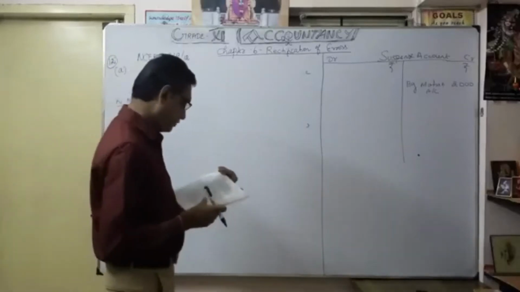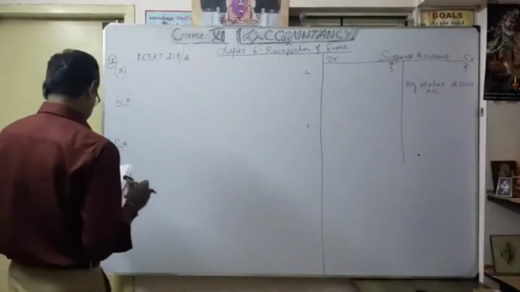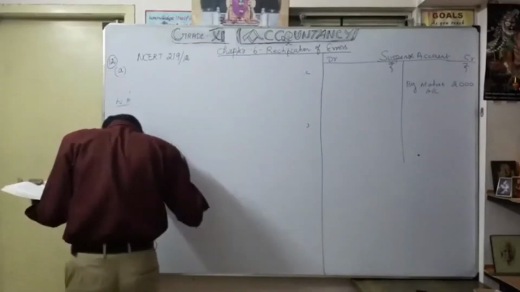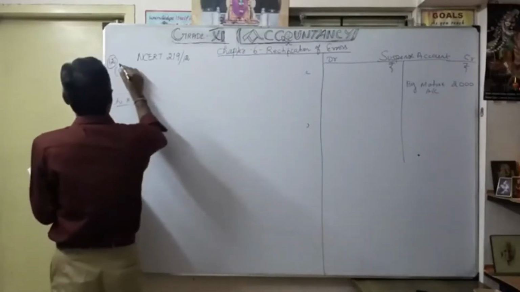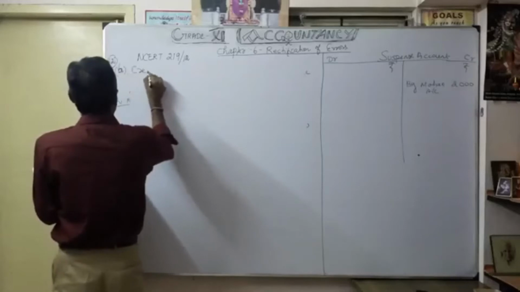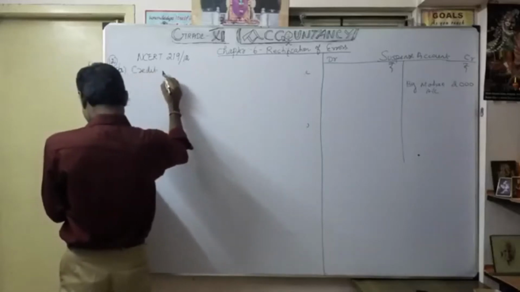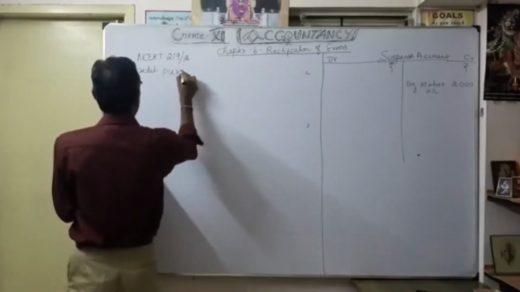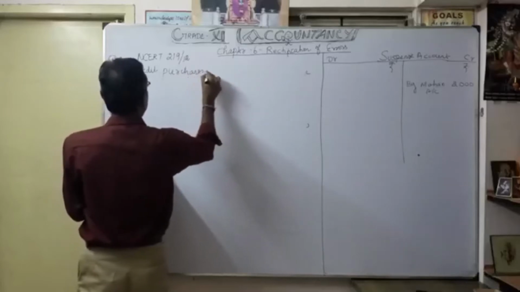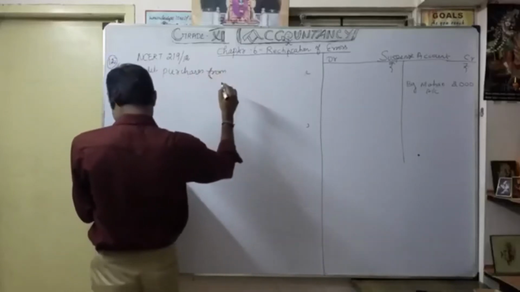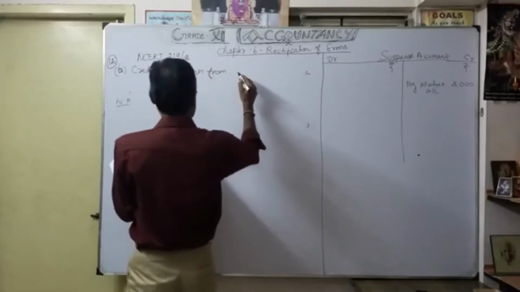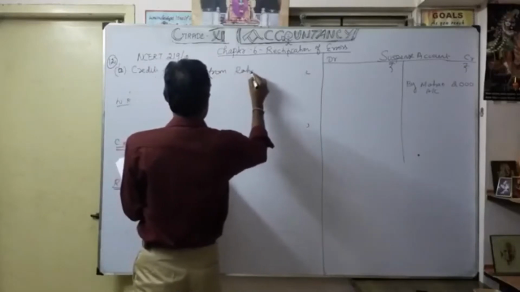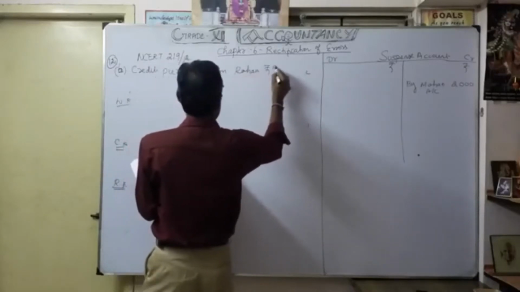Okay, so now what is the second one? Credit purchases from Rogan, second one, B. You have to write credit purchases from Rogan, how much? 9,000.